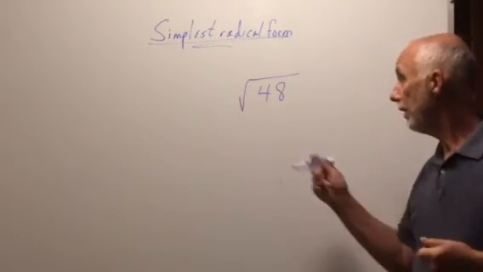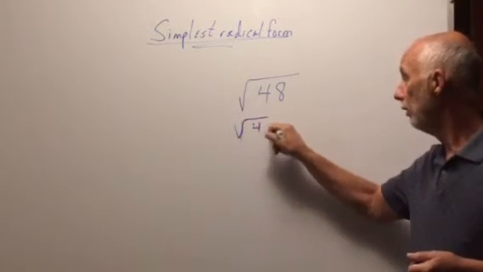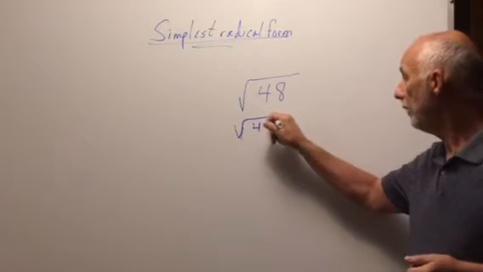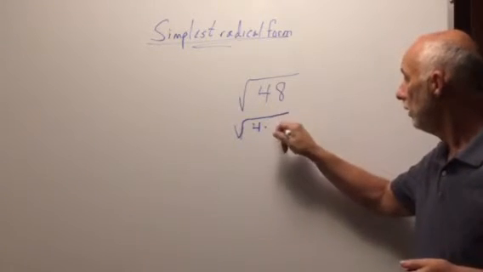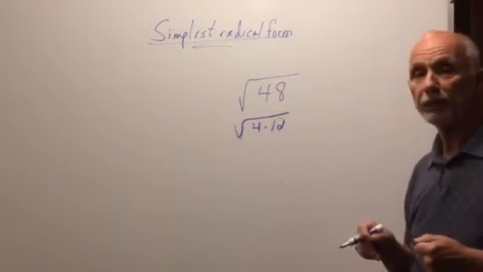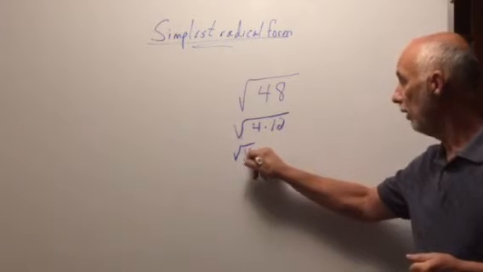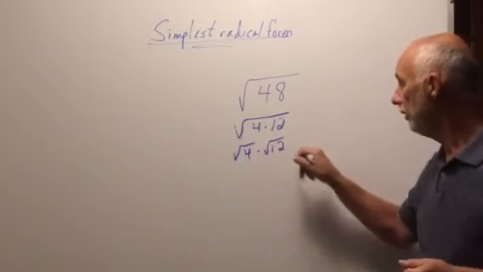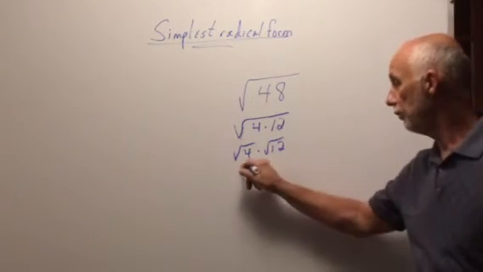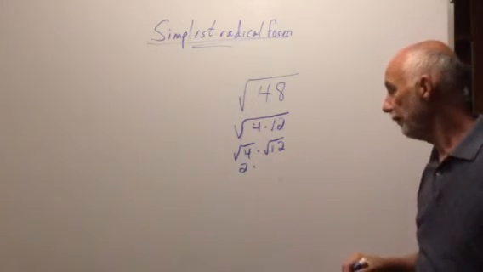In 48, most probably you might come up with, I would kind of hope, the square root of 4 times 12. Because isn't 4 times 12 48? So now I could break this down into the square root of 4 times the square root of 12. Now the square root of 4 is 2, and the square root of 12 is a non-perfect square.